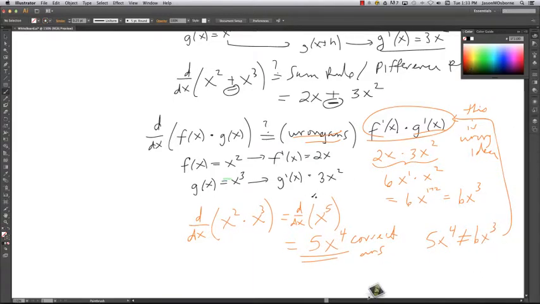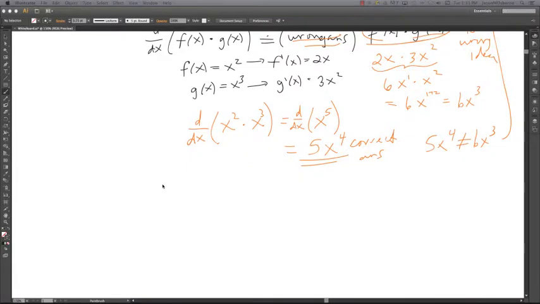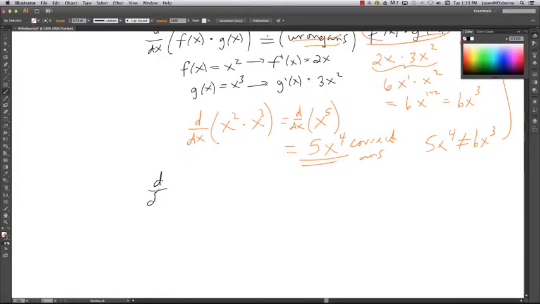What is the correct way to find the derivative with respect to x of f of x times g of x? You're trying to find the derivative of the product of f times g. Okay.